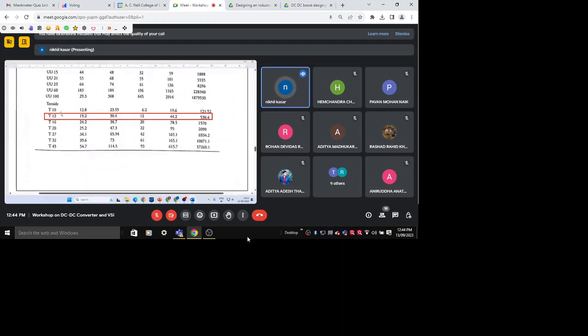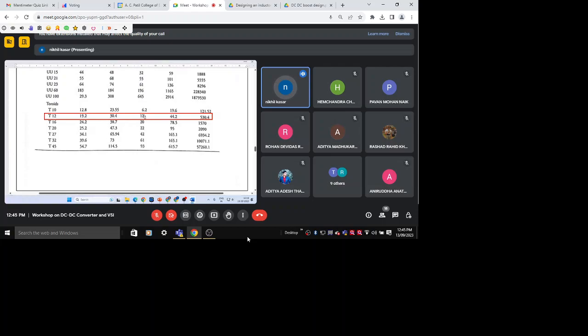Once I finalize this, I will use all these values: mean length per magnetic turn, Lm, then core area, window area, and M square, in the calculation. Referring to T12, we get the core and window areas.